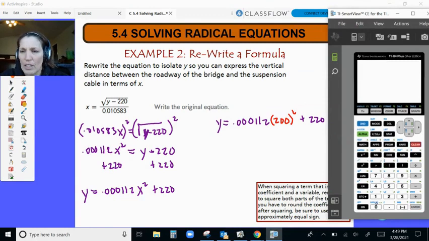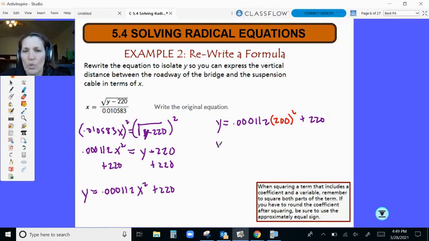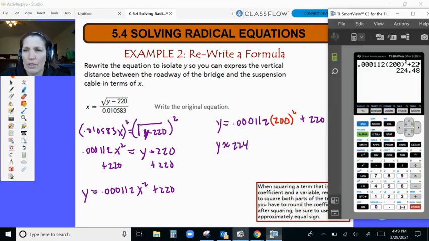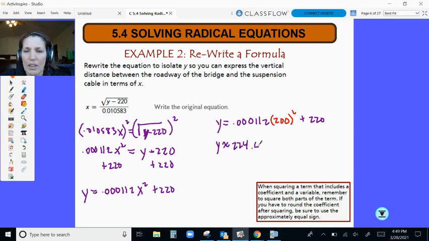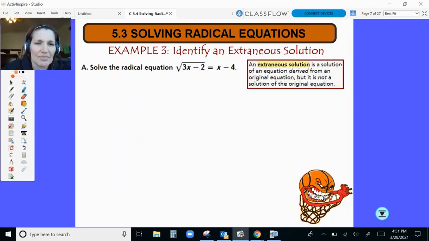So we're going to go 0.000112 times, in parentheses, 200 squared, and then plus 220. Boom. So about 224.8. So y is approximately 224, not 0.8, what was it? 224.48. And there we go.